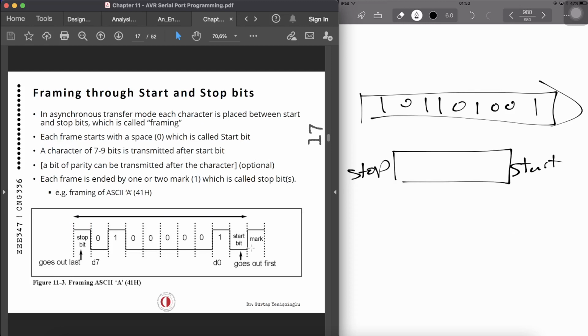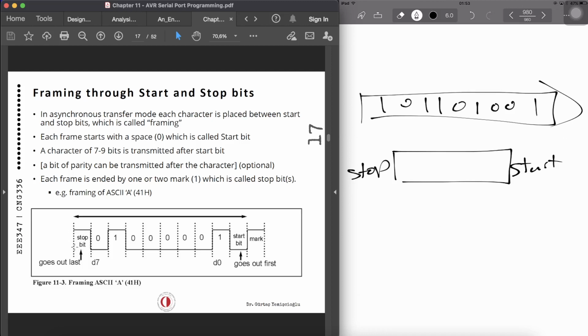Now, as I already mentioned, the framing is: we have the start bit, which is bit 0, and then the bits of data from D0 to D7, least significant to most significant bit. Then the stop bit, which can be 1 or 2 bits, and is going to be high.